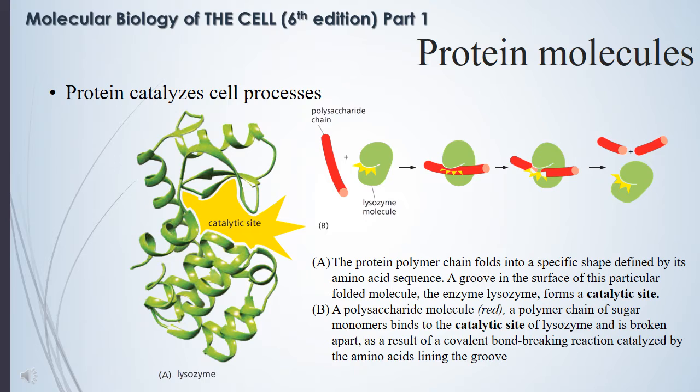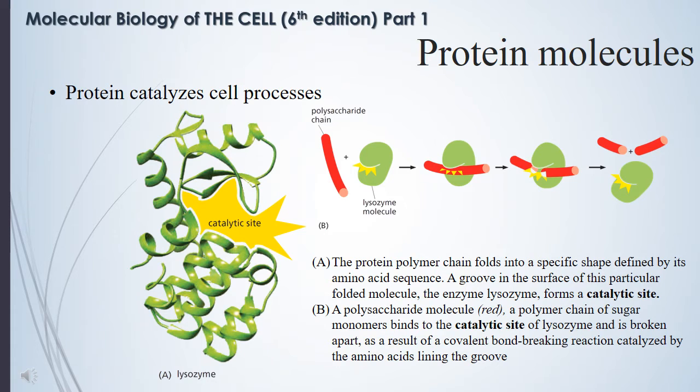So after the complete protein is synthesized, as shown in a previous slide, the protein is folded on itself, forming a 3D functional structure. Now, this functional protein can carry on its intrinsic functions. Here, image A depicts a ribbon structure of a lysozyme.